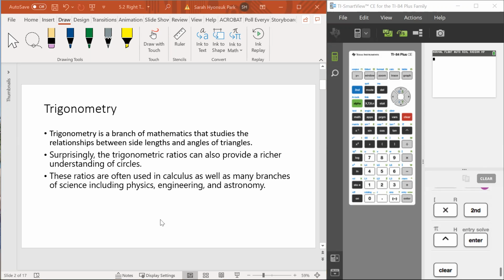Most of the time, we're going to look at right triangles, but in the third unit, we will look at non-right triangles. The trig ratios can also provide a richer understanding of circles. And these ratios you will certainly see again in calculus. It's also used in many branches of science, including physics, engineering, and astronomy.